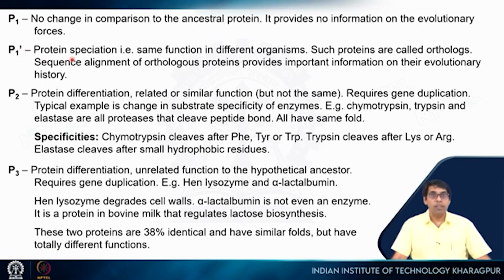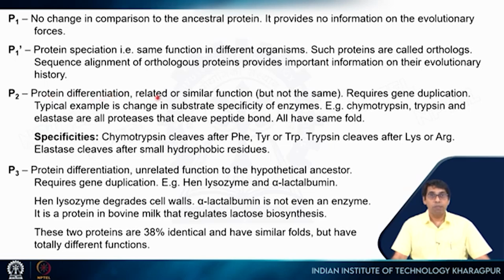P1 dash is speciation. Such proteins are called orthologs. Sequence alignment of ortholog proteins provides important information on their evolutionary history, right, because it is the same protein. For example, we saw cytochrome C in all these different organisms, and then we used that to create this tree of life, right? So this type of ortholog is very useful.